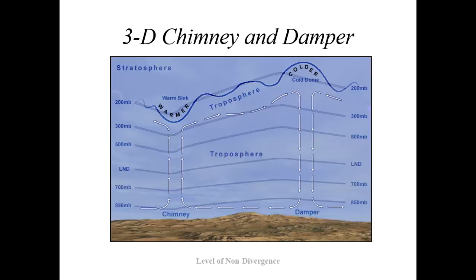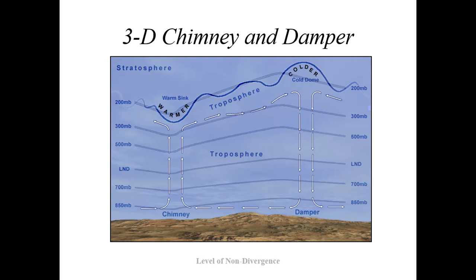Here is an example of the 3D effects of the chimney and the damper effect. The portion on the left is showing the chimney effect. On the vertical axis, I have labeled the different levels in the atmosphere. 850 millibars is about 5,000 feet above the ground. 700 millibars is 10,000 feet. Then you have that LND, that level of non-divergence, situated between 700 and 500 millibars.